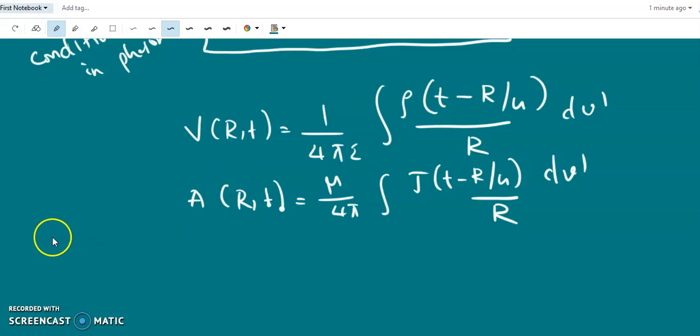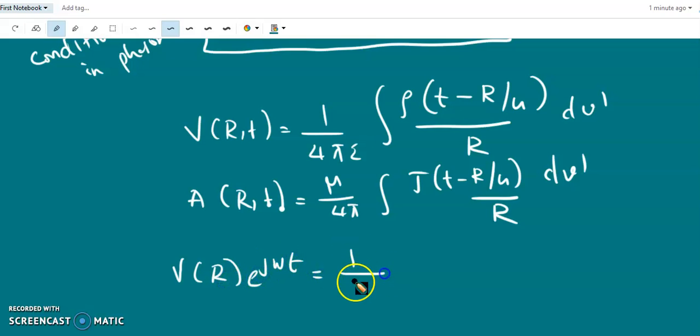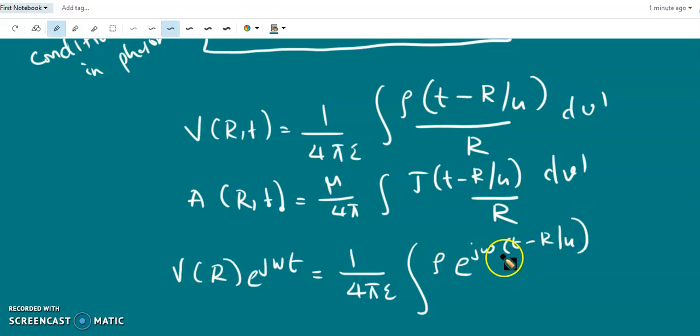V of r, t, we know, is V of r e to the power j omega t, equal to 1 by 4 pi epsilon integral rho of t minus r by u, where rho will be rho e to the power j omega t, and its argument is t minus r by u. So phasor into this, by r dV prime.